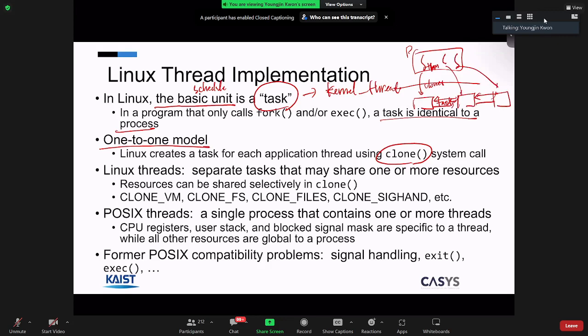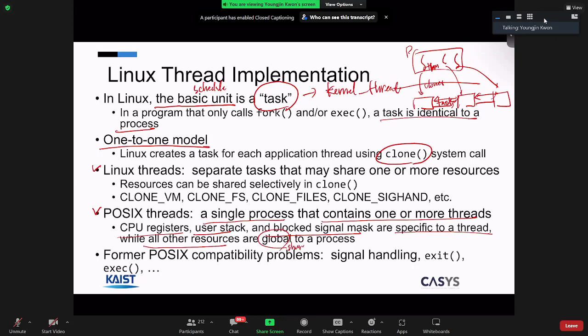But one interesting concept is that the Linux implementation of a thread is slightly different from the original process thread. In the original process thread model, a single process contains one or more threads. CPU registers, user-level stack, and blocked signal mask handlers are specific to a thread, and all other resources are global, shared across the process.